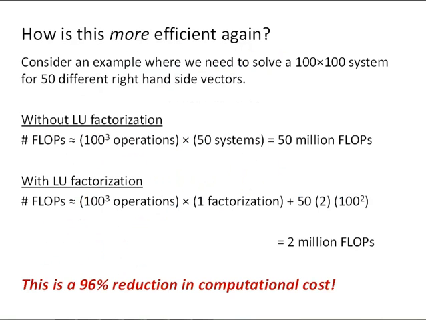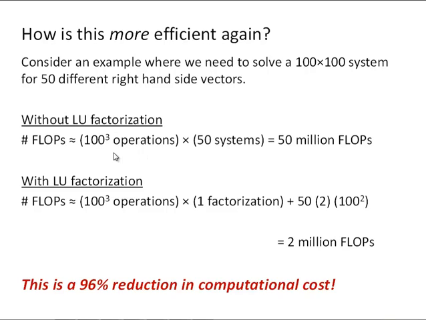So you might be wondering, well, it seems like now we're having to do two processes to solve. How is this more efficient? Well, consider an example where we need to solve a 100 by 100 system for 50 different right-hand side vectors. In the case where we do that without LU factorization, for every Gauss elimination operation we're going to have 100 cubed operations, approximately.